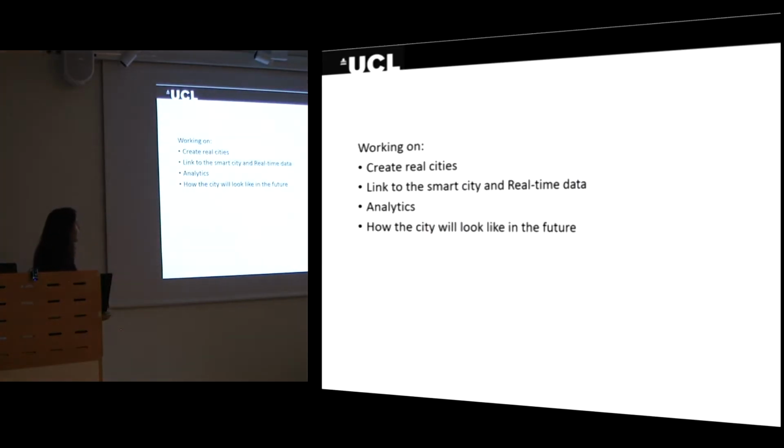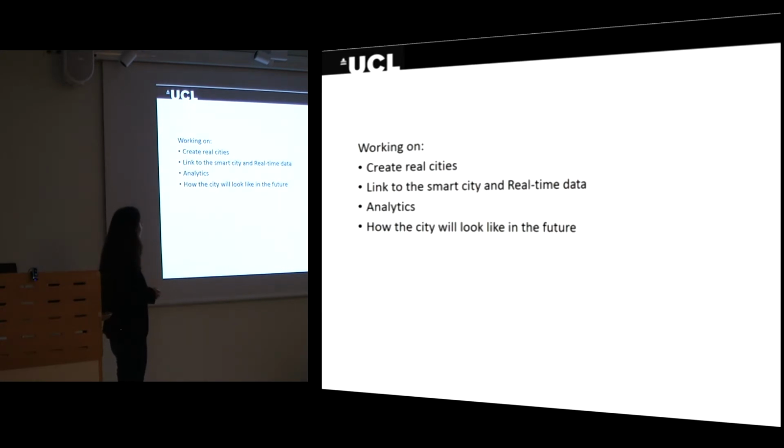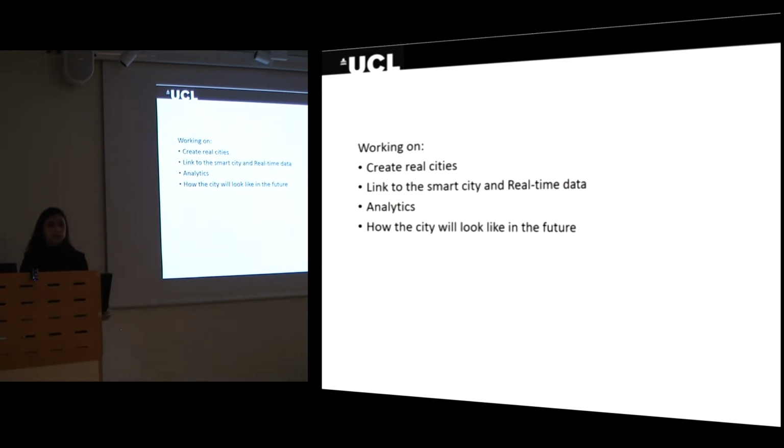I'm doing a lot of stuff with maths. So currently working on how to create real cities and how to simulate real cities in that aspect, how to link things to the smart city and real-time data. I'm very interested in analytics and eventually how the city will look in the future.